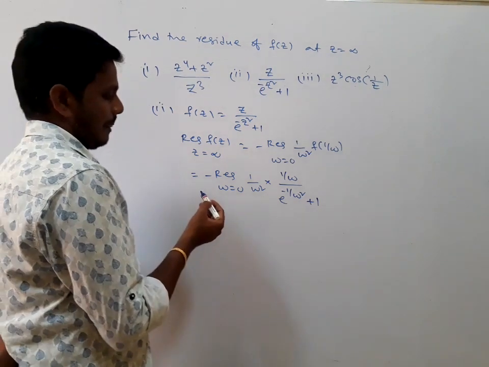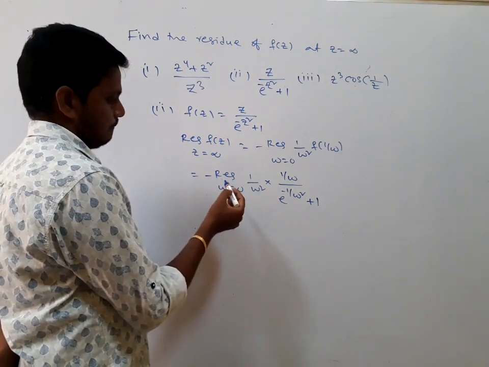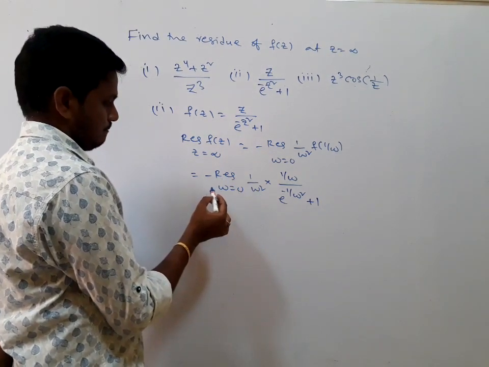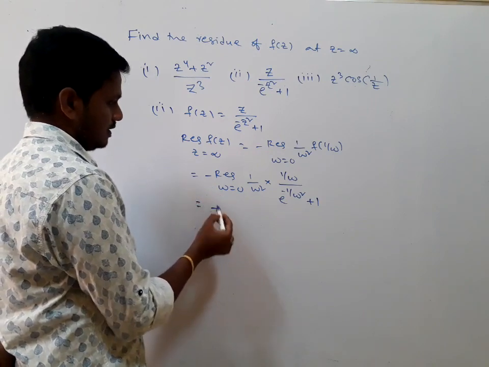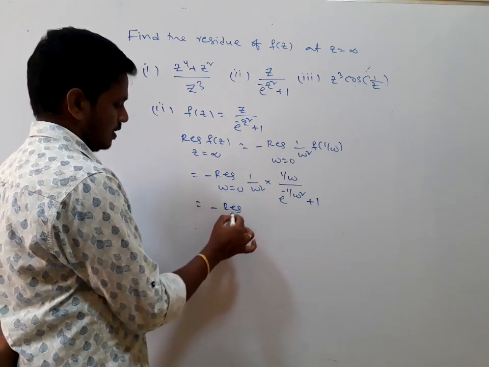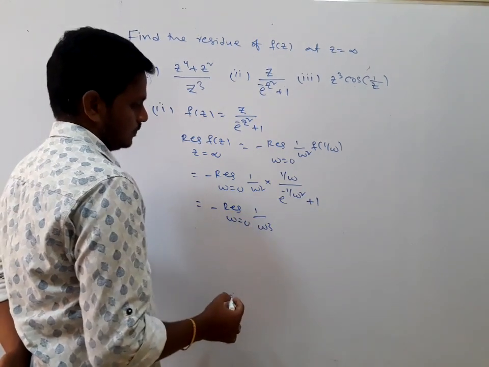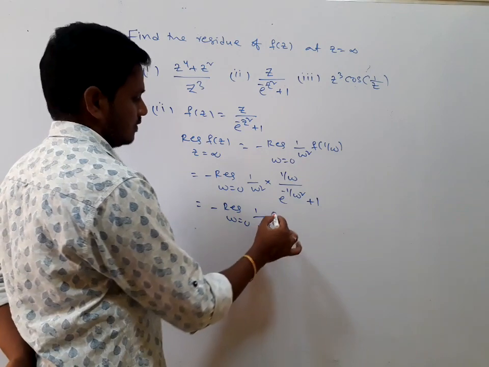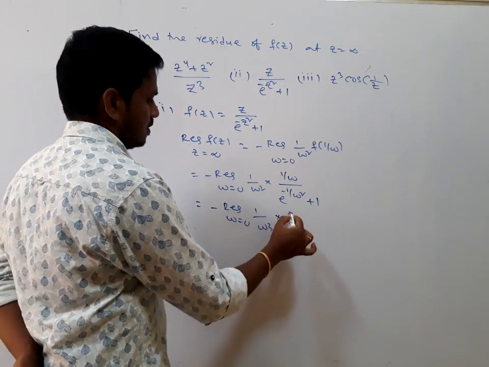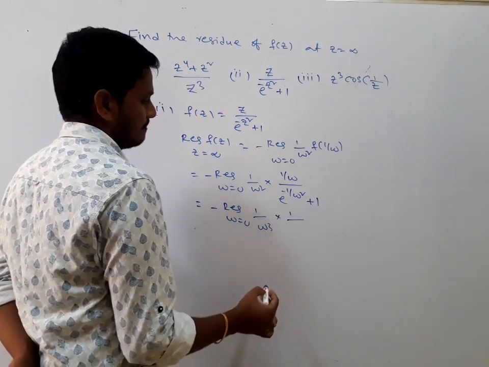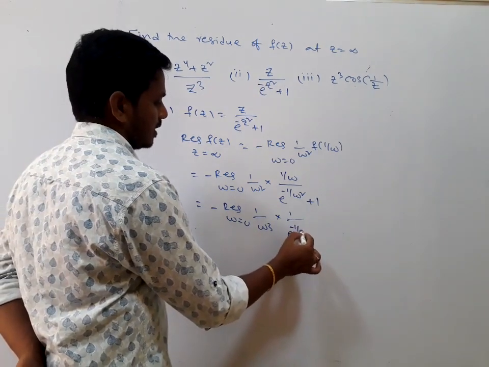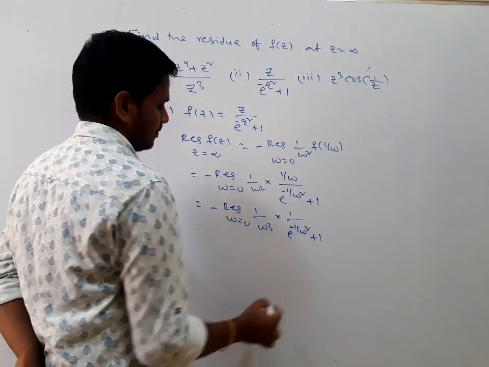If you write this, minus residue at w equals 0 of 1 by w cube, as we can write it, into 1 divided by e to the power of minus 1 by w square plus 1.